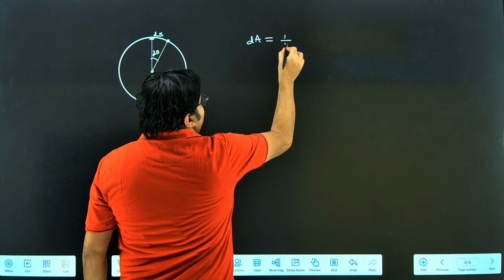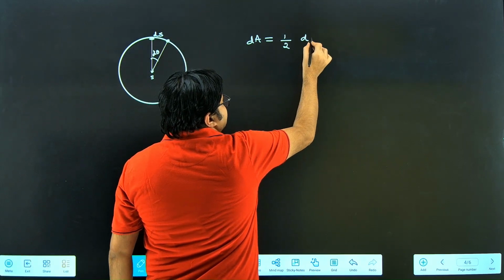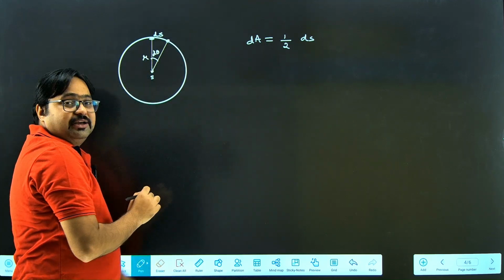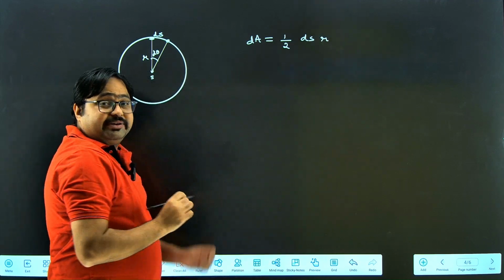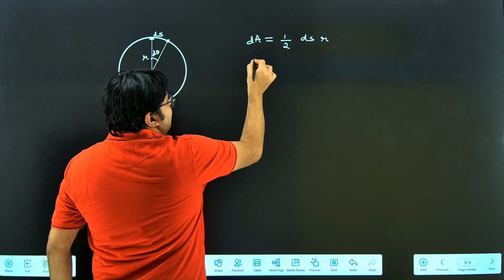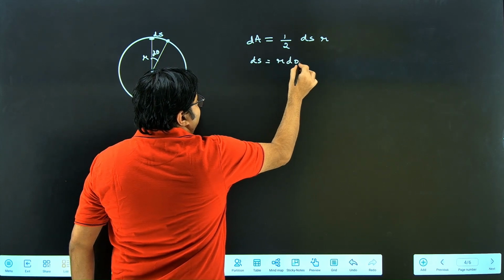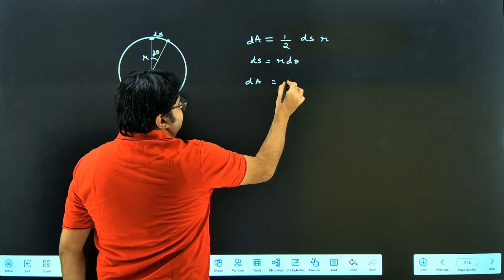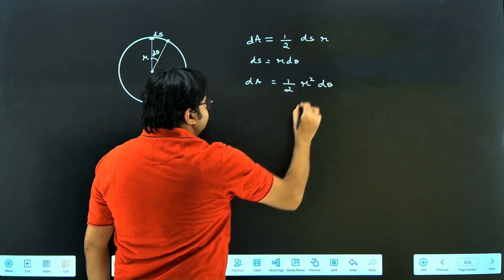Base is this length, you can write that as ds. Height is nothing but the radius of the Earth's orbit in this case, so you can write that r. Now ds is the arc length, and it can be written as r into d theta. You substitute that there, dA becomes equal to half r square d theta.